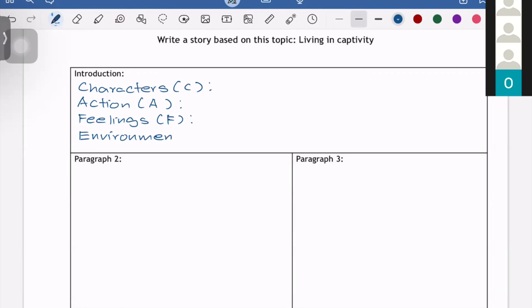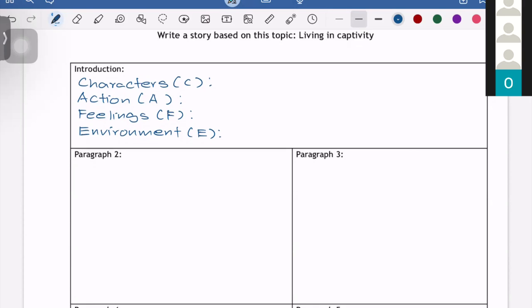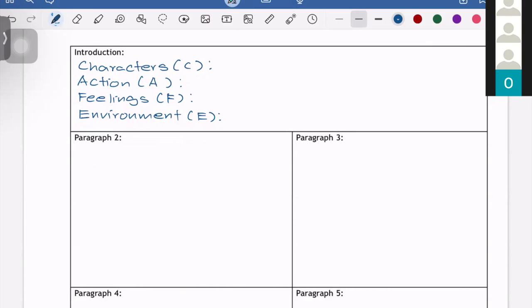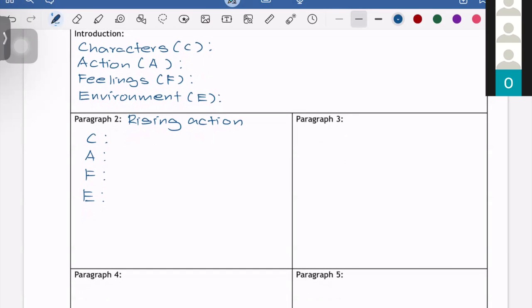Here, your setting, I would call it your environment. So similar to your personal recount, paragraph 2, this would be your rising action. Make sure each of your body paragraphs is answering your CAFE.